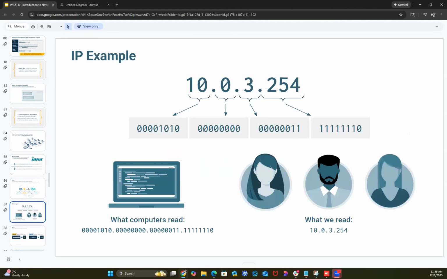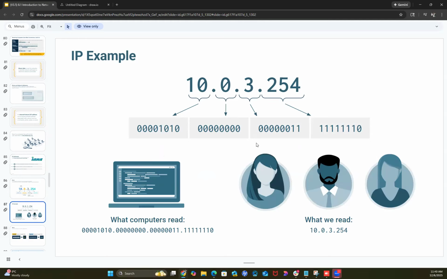How do we write down the 10? 10 is 0 0 0 0 1 0 1 0, and 0 means eight 0s. 3 means 0 0 0 0 0 0 1 1. 254 means 1 1 1 1 1 1 1 0. We read this IP as 10.0.3.254, but the computer understands it as binary digits.